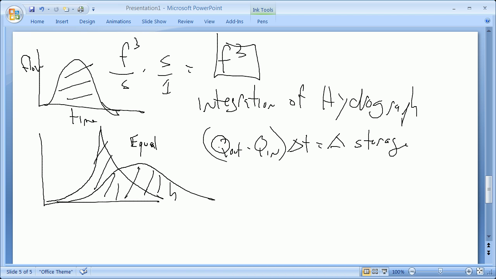So we know the area under the hydrograph, and that's what you saw in hydrograph when it told you required storage to hit certain different types of peaks. All right, so those are the equations.